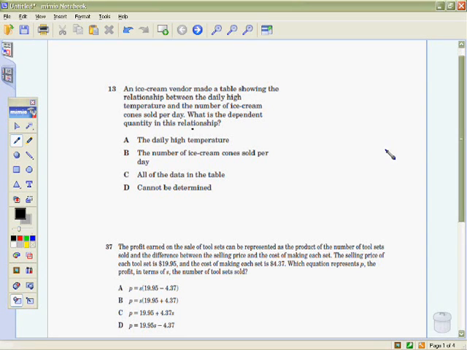An ice cream vendor made a table showing the relationship between the daily temperature and the number of ice cream cones sold per day. What is the dependent quantity in this relationship? So we're not necessarily talking about x or y. I hope that you do recall from Algebra 1 that the x values are always going to be the domain. The y values are always going to be the range.